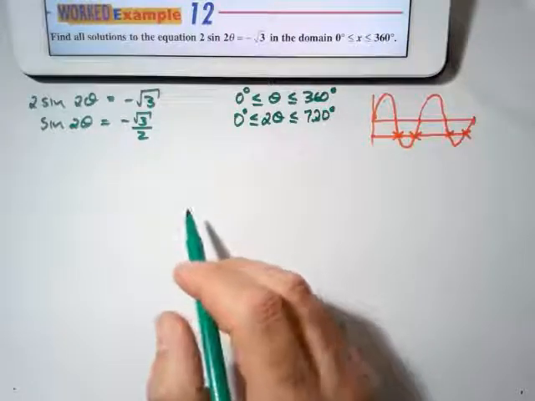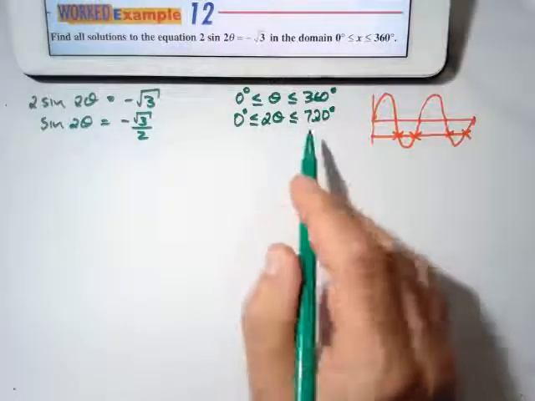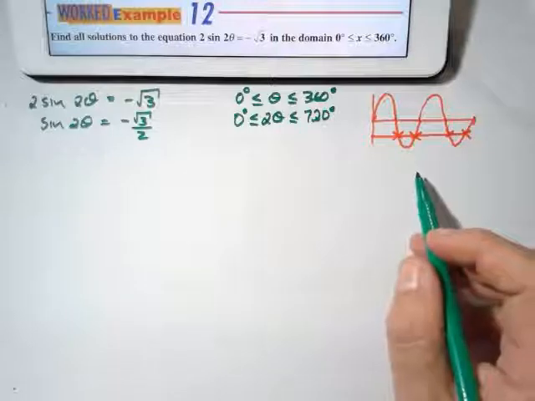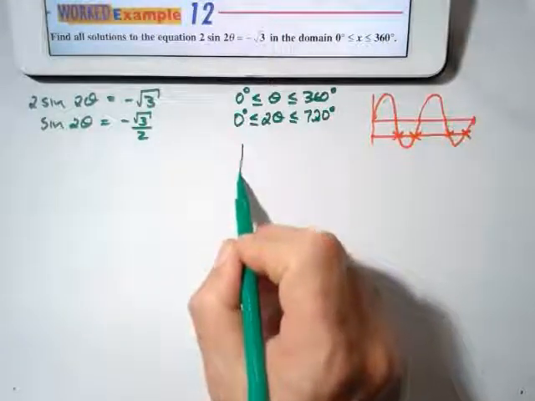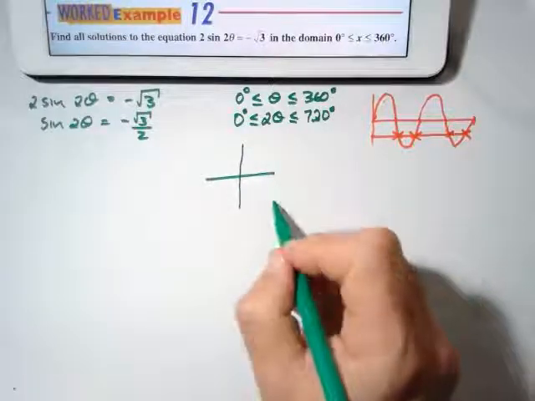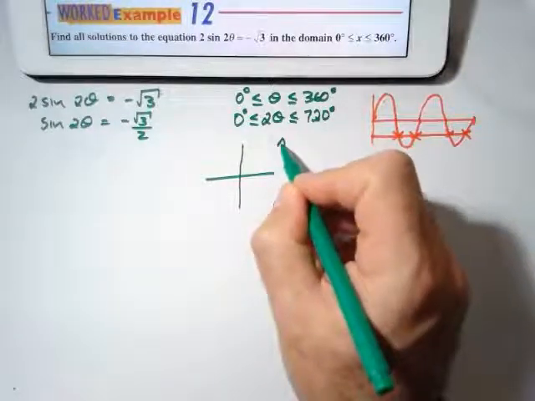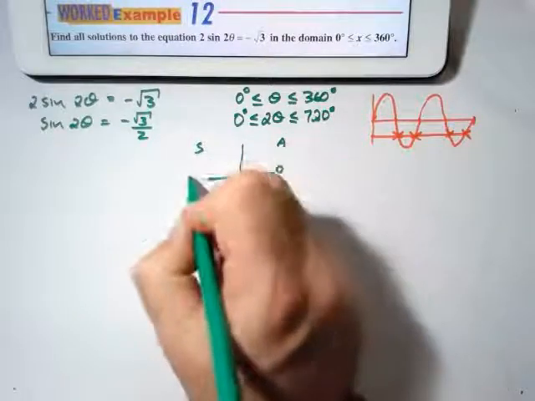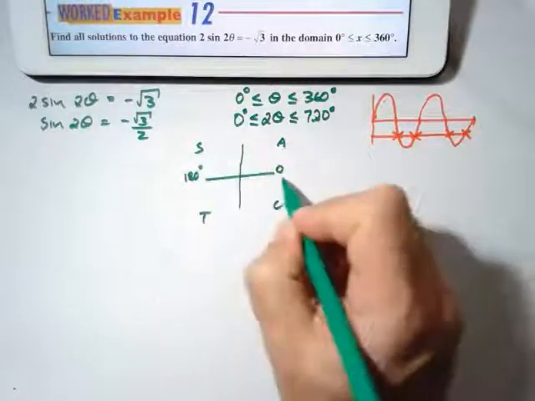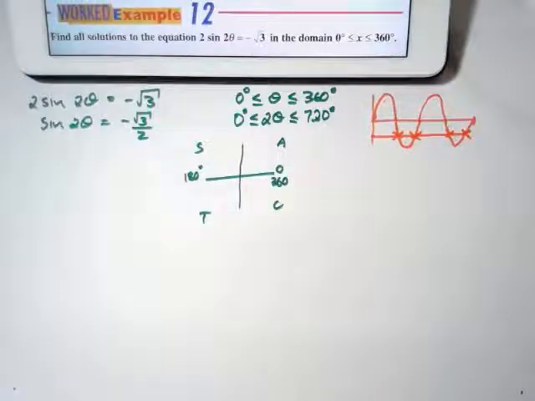So I'm going to have a cast. I'm going to cast this, and I'll cast here and then just write next to each other. So cast. My first revolution will be from 0 to 180 to 360 degrees.